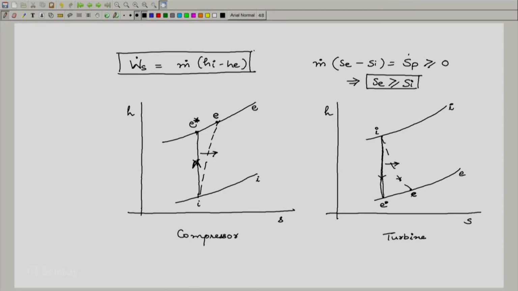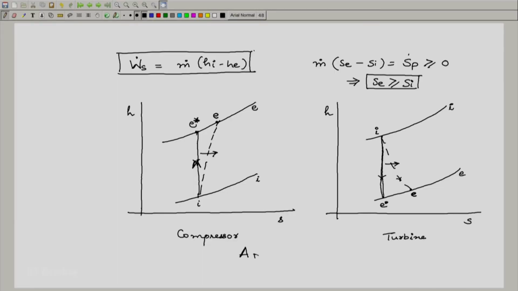You will have an HS diagram, you will have an exit and inlet isobar, and you will normally draw the ideal process first, and then you will draw the real process next. You will realize that in the real process you have to show an increase in entropy, because that is what you expect in an adiabatic process. So, these are characteristics for adiabatic work transfer devices.